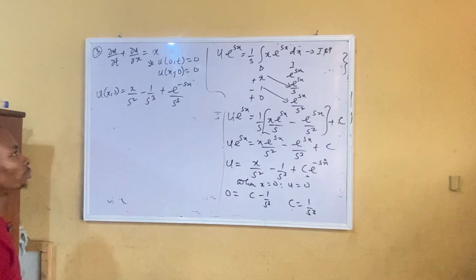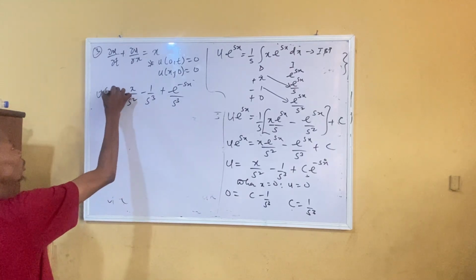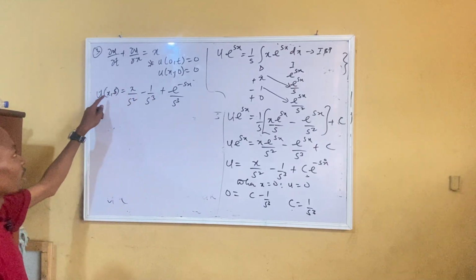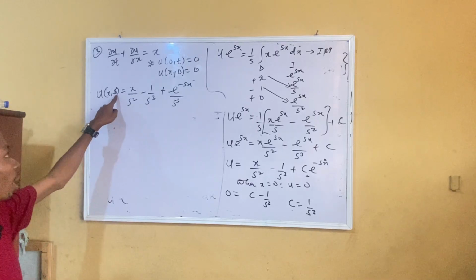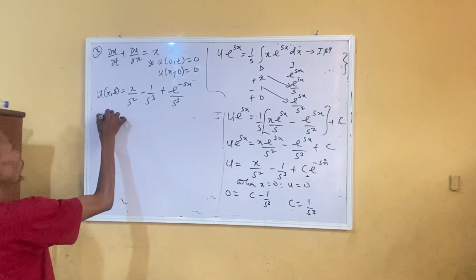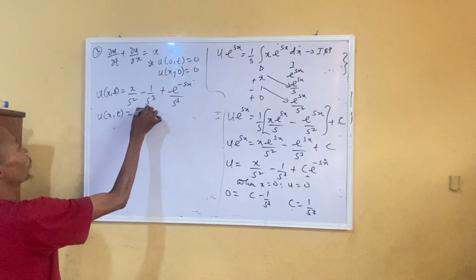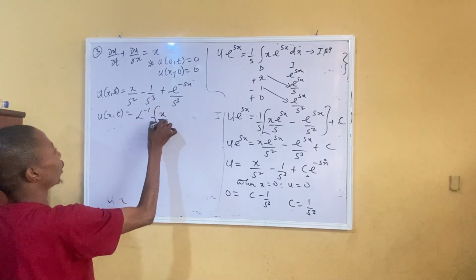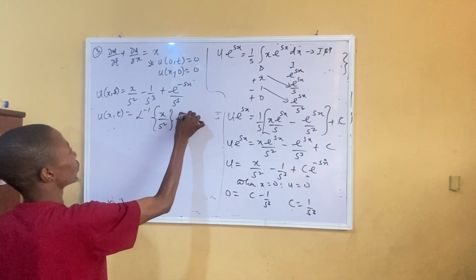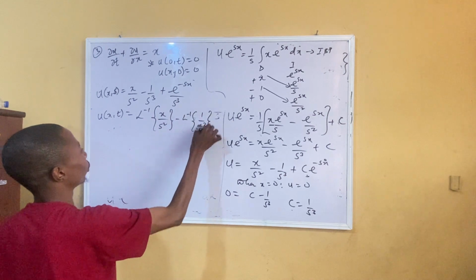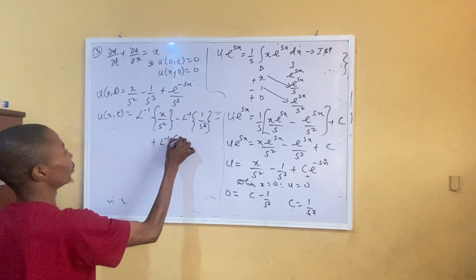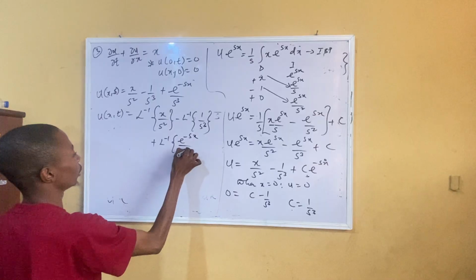That is our final solution. Now we then take what? In order to transform this one to space and time, we take the Laplace inverse of this guy. So u of x comma t equals the Laplace inverse of everybody: x over s squared, minus 1 over s cubed, plus e to the minus xs over s cubed.